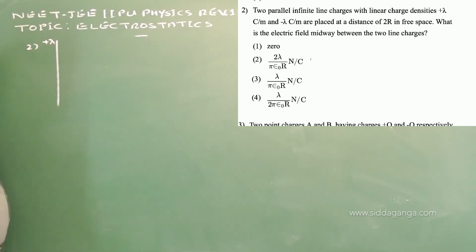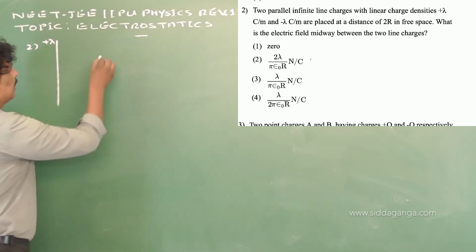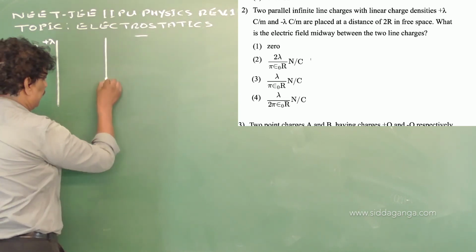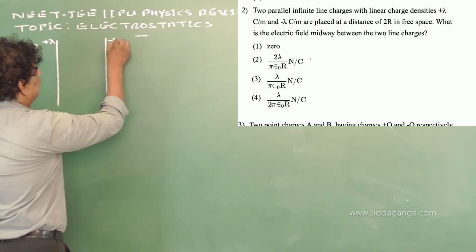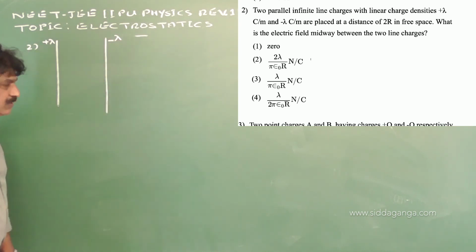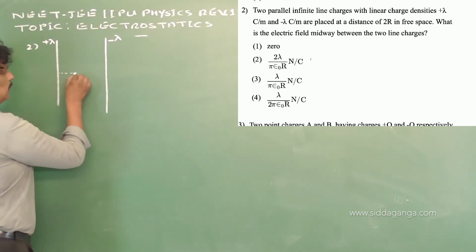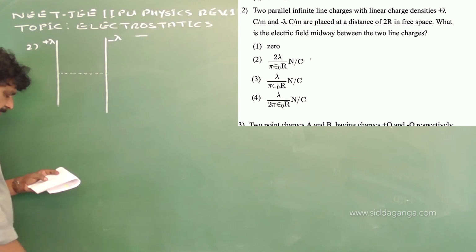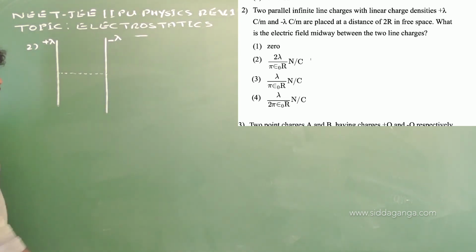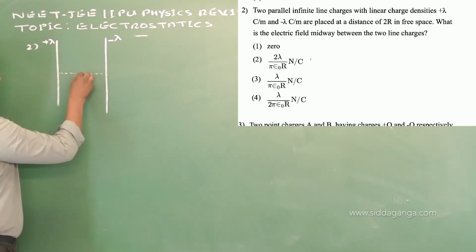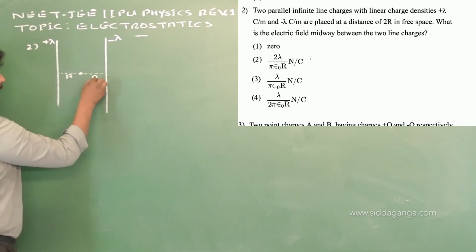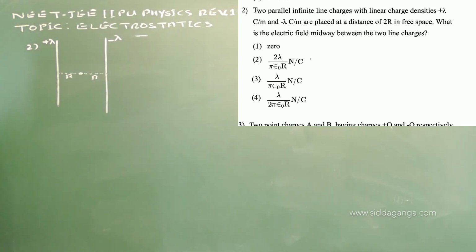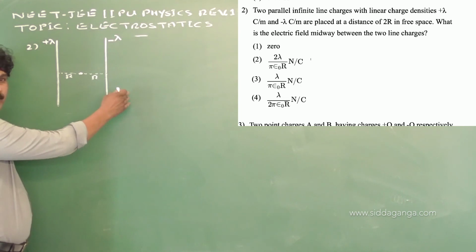One is plus lambda, that is positively charged, and another with minus lambda, that is negatively charged. The distance of separation between them is 2r. So the midpoint is at distance r from both these wires.